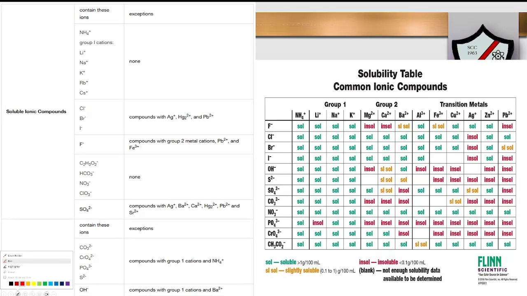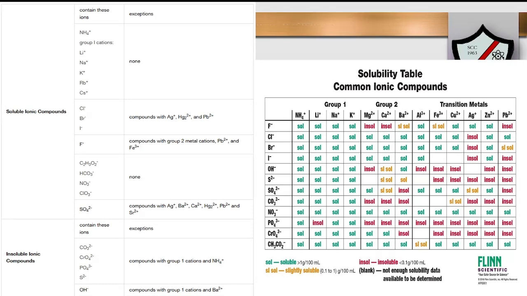We are looking at the one on the left here, just as an example. If I wanted to know, for instance, if magnesium carbonate was soluble or insoluble in aqueous solution. The way this chart from the OpenStax text works is you find one of the ions, either one, as part of that compound, and then check to see if it is on the soluble side or the insoluble side of this chart.